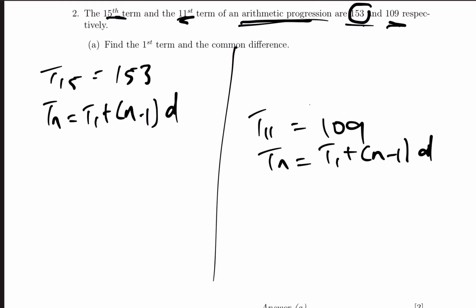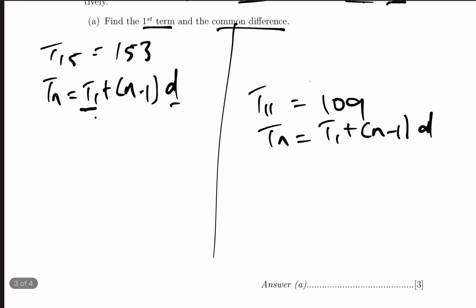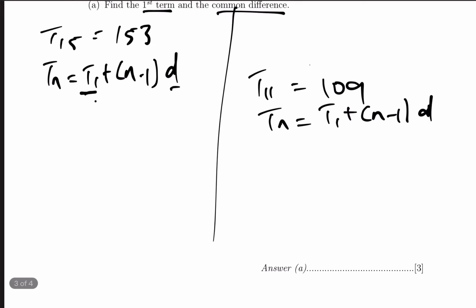So what I'm going to do here is easy. The question says find the first term and the common difference, meaning they're looking for T1 and d. So I'm going to find these two terms using the formula and the equations that we have. We're saying term number 15 is equal to 153.